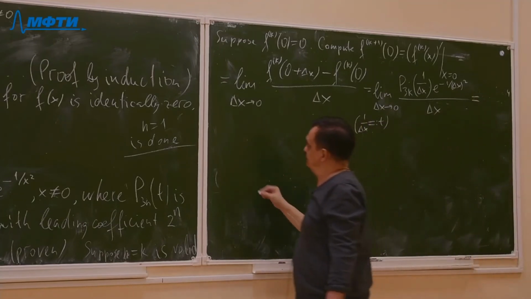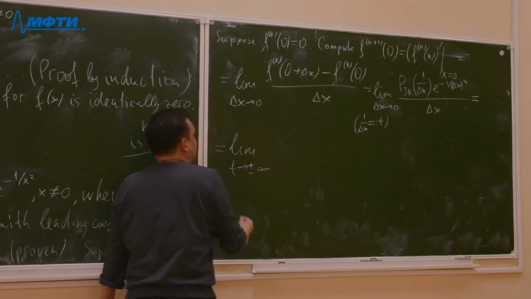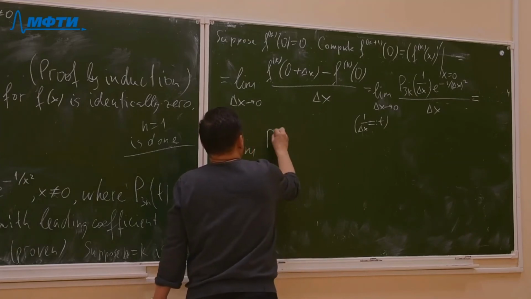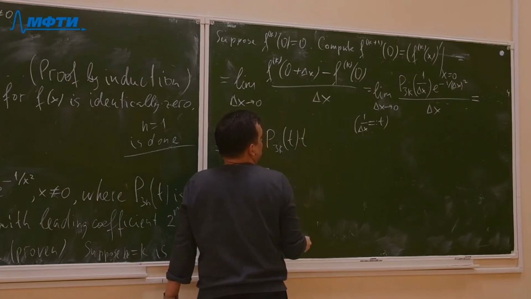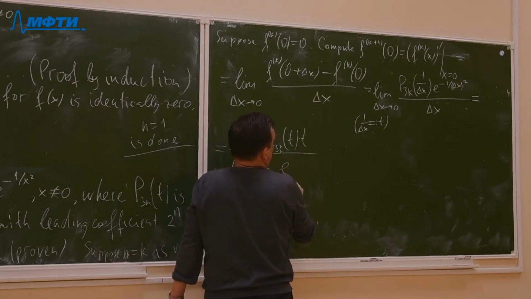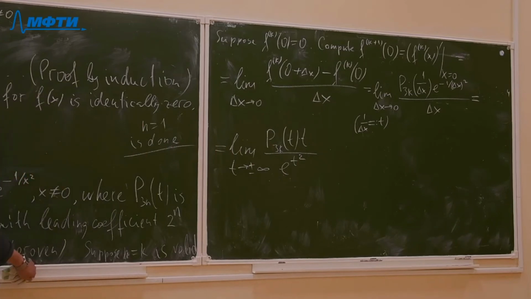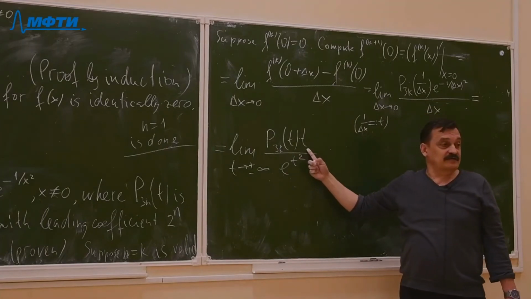So we have the limit as t tends to plus or minus infinity, and then what do I have? P_{3k} of t times t divided by e to the power t squared. And now look what happens. That is a polynomial of degree 3k plus 1, right?